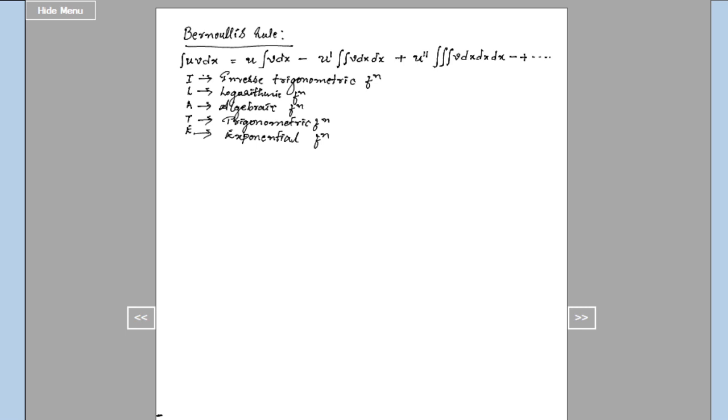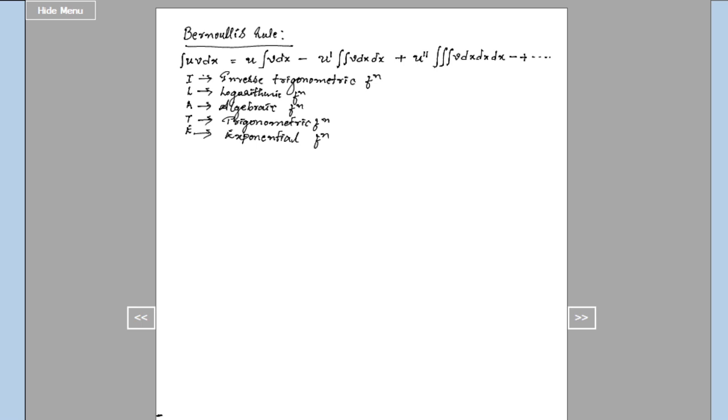So according to ILATE, the term I represents inverse trigonometric function. If you get sine inverse in the integral, then you consider that term as u first. Then if you get sine inverse x into log x, log x is a logarithmic function, so you consider log x as v.